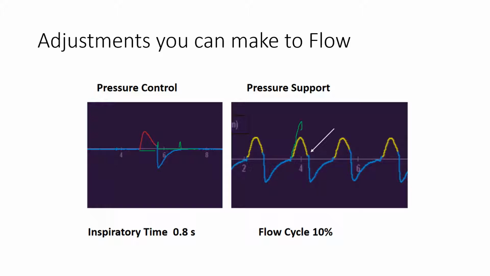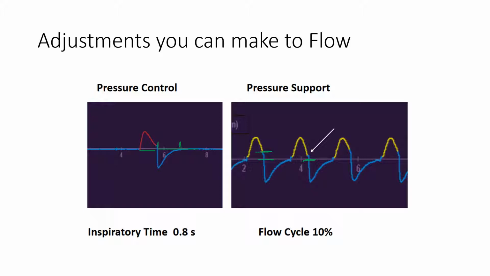They should end their inspiration by coming back to the baseline. And here you can see by the arrow, they actually are going into exhalation before they are back to baseline. So this example is showing that after 90% of this patient's breath is delivered, it's not returning to baseline before they go into exhalation.